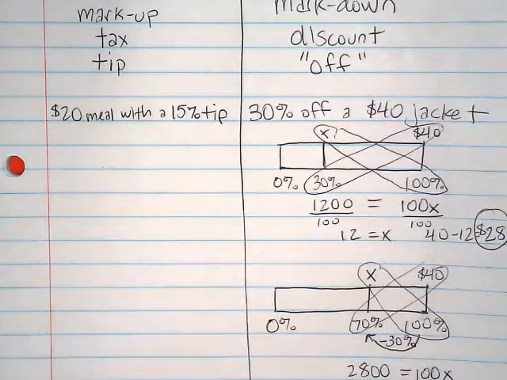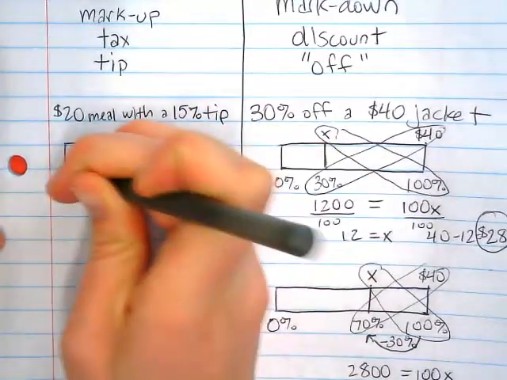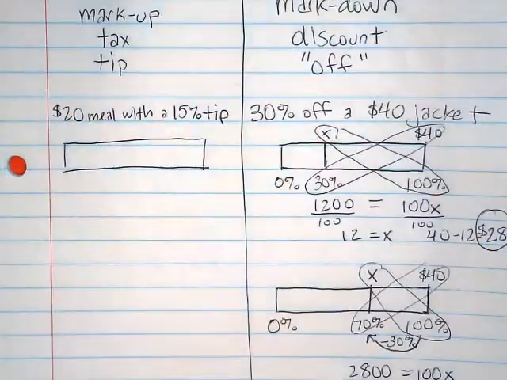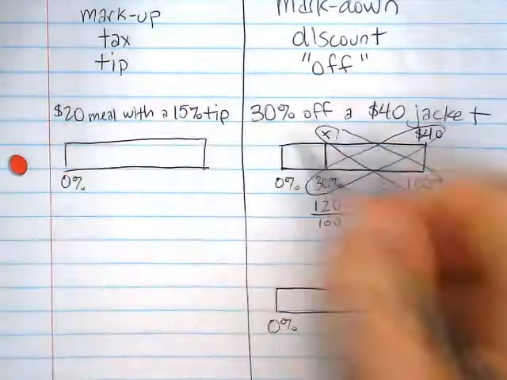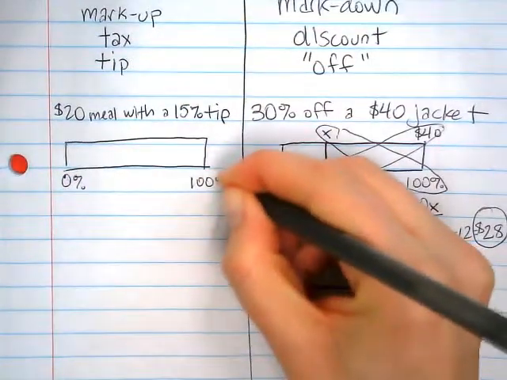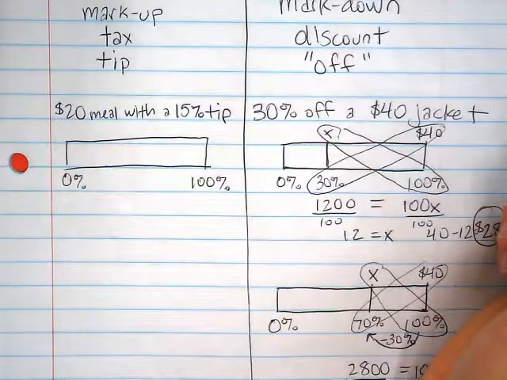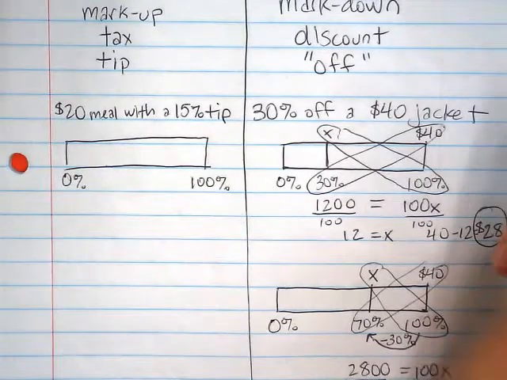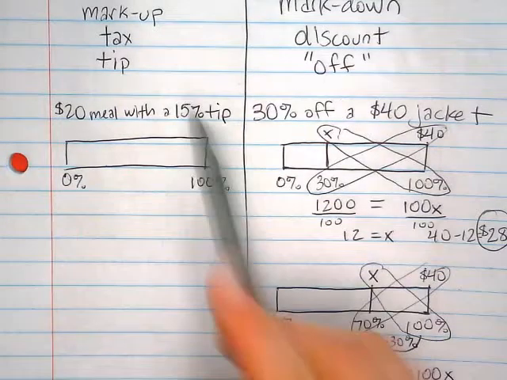All right, and for strategy number one, we're going to start off with a tape diagram. Okay, and I'll of course label it with 0% and 100%. In my first strategy, I'm just going to look at whatever percentage I already see in my problem.